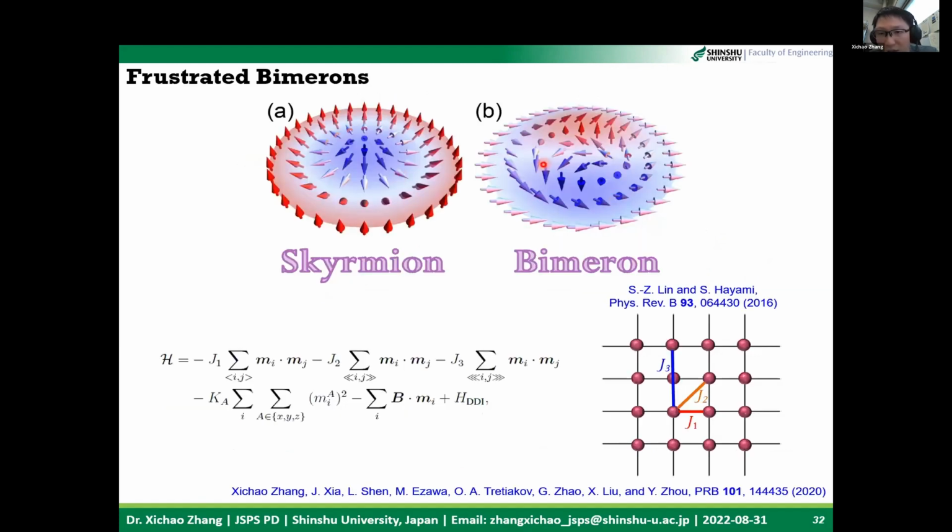In the study of frustrated bimerons, we also consider a simple square lattice with 3 competing exchange interactions based on the system studied by Lin and Hayami. The exchange interaction J1 is ferromagnetic, and J2 and J3 are anti-ferromagnetic exchange interactions. We also consider the in-plane easy-axis magnetic anisotropy, applied magnetic field, and the effect of dipole-dipole interaction.